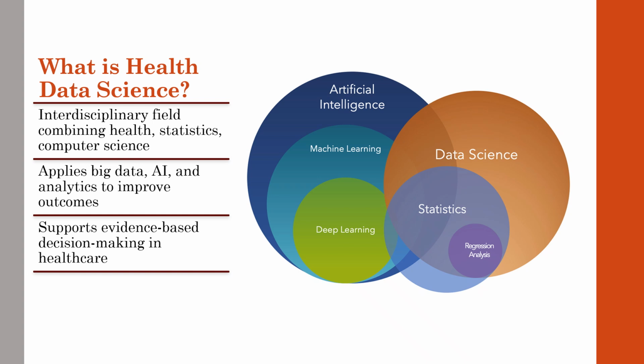Data science is the overall field of using scientific methods, processes and systems to extract knowledge and insights from the data, while artificial intelligence and machine learning are techniques used to enable computer systems to learn from data and make decisions or predictions, while deep learning is a subset of machine learning, which involves more complex neural networks for tasks like image and speech recognition, while statistics is a mathematical foundation for collecting, analyzing, and interpreting data.